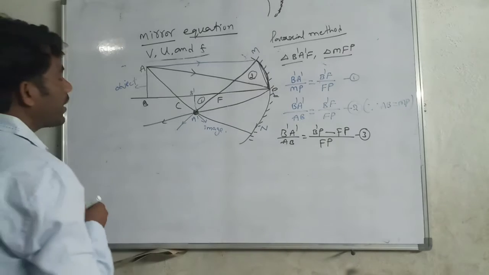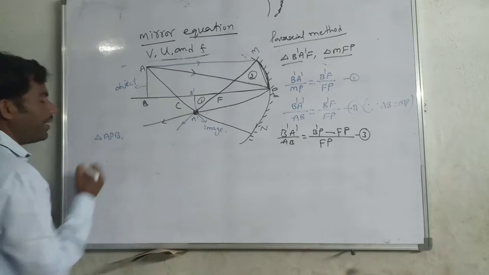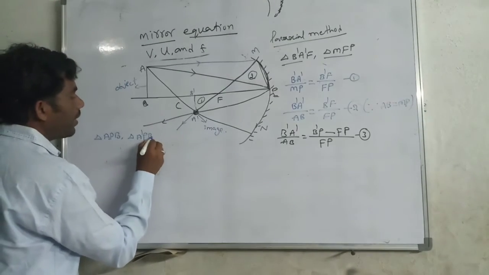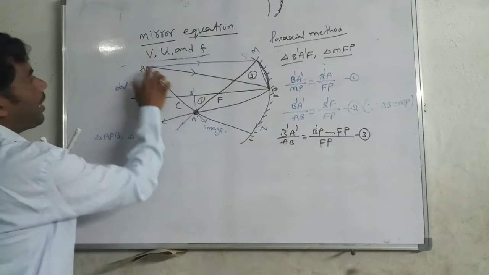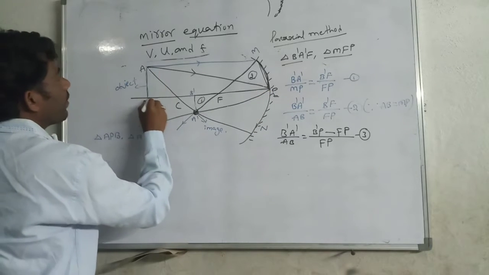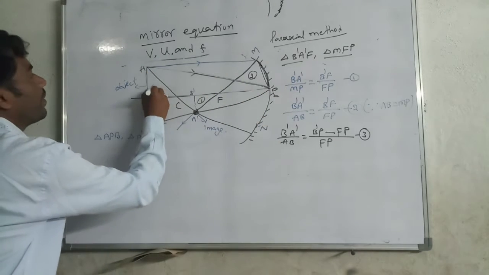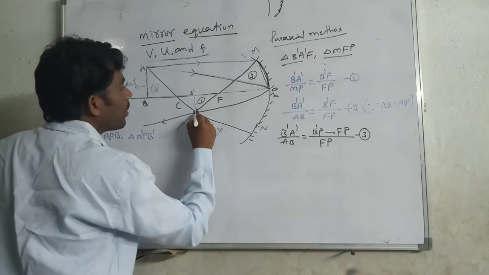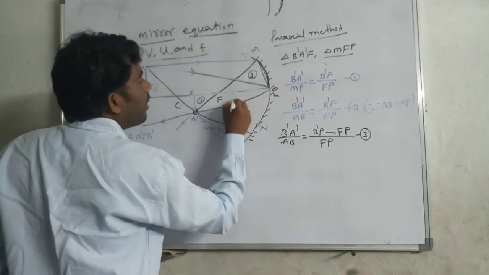One is APB, and the other triangle is A dash B dash P, which is triangle 4.